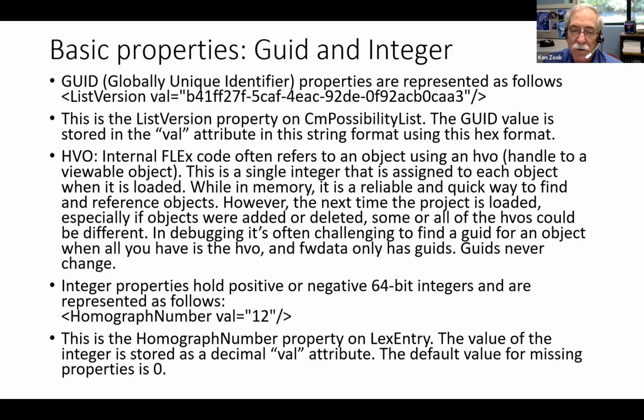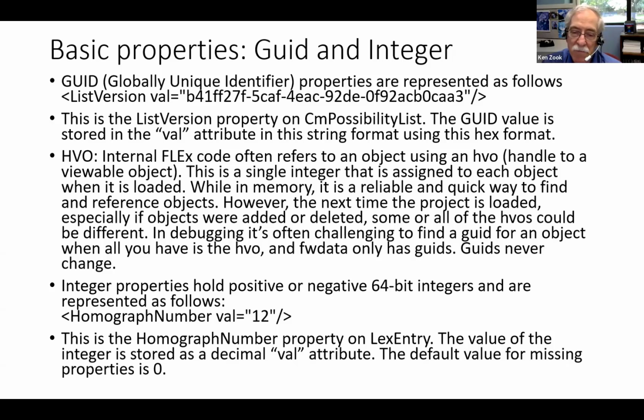And often our code refers to HVOs, which stands for handle to a viewable object. It's a single integer that is assigned to each object when it's loaded. While in memory, it's a reliable and quick way to find and reference objects. However, the next time the project is loaded, especially if objects were added or deleted, some or all of the HVOs could be different.